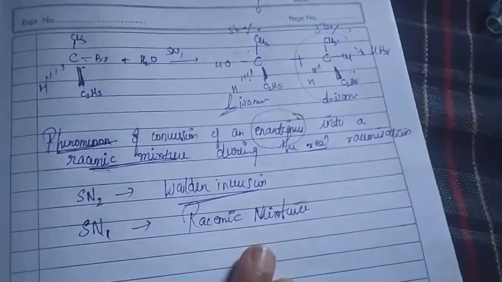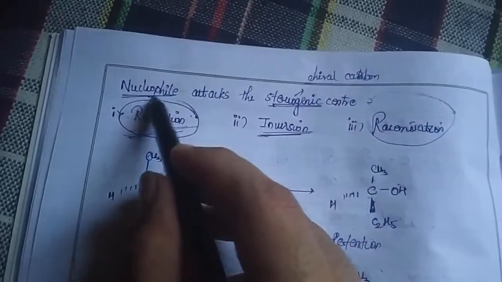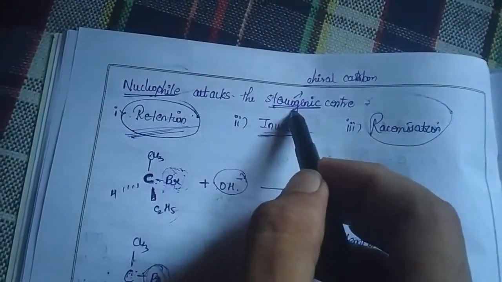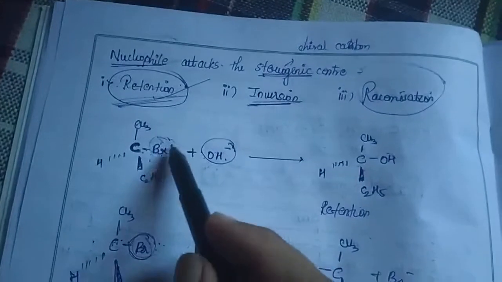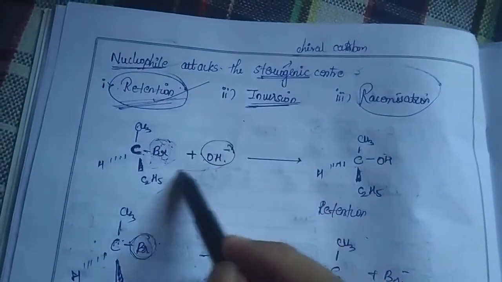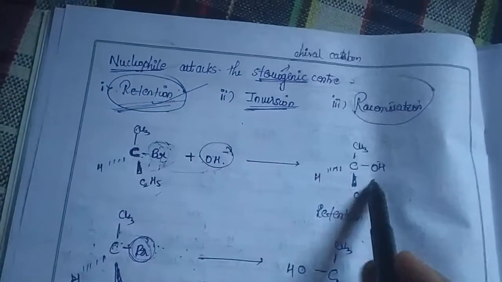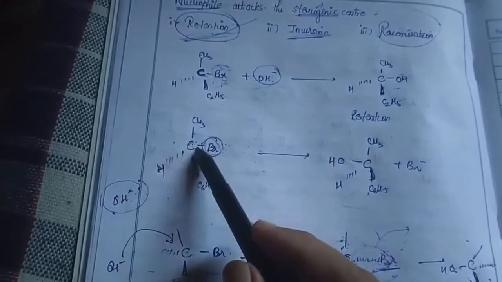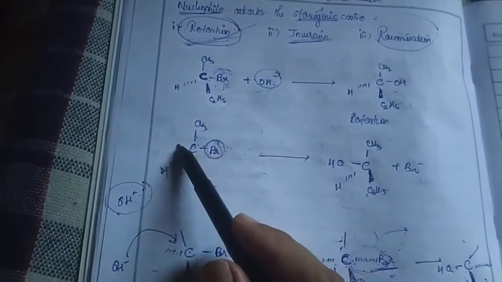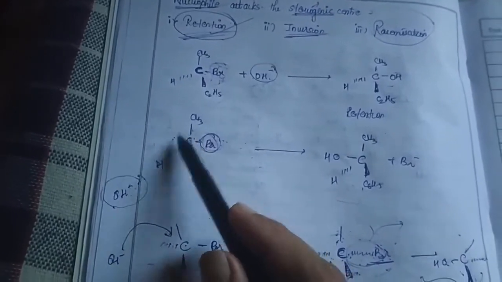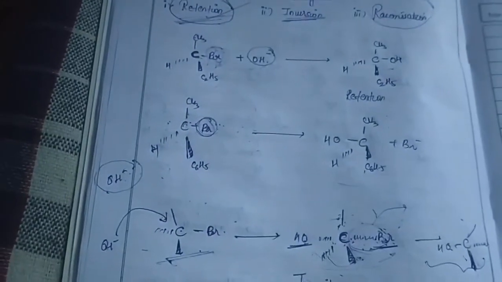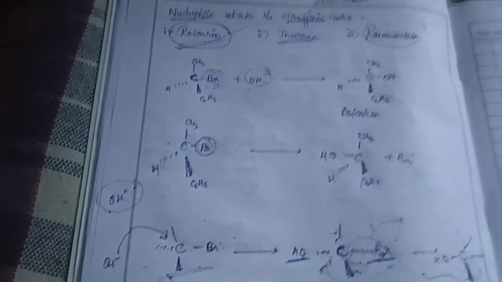But the important thing you should also remember is that there are three possibilities whenever a nucleophile is attacking our stereogenic center. One is retention, that is, the nucleophile attacks at the position of the leaving group. Inversion means the nucleophile attacks your stereogenic center from the opposite side of your leaving group. Finally we get an inverted product, called Walden inversion.